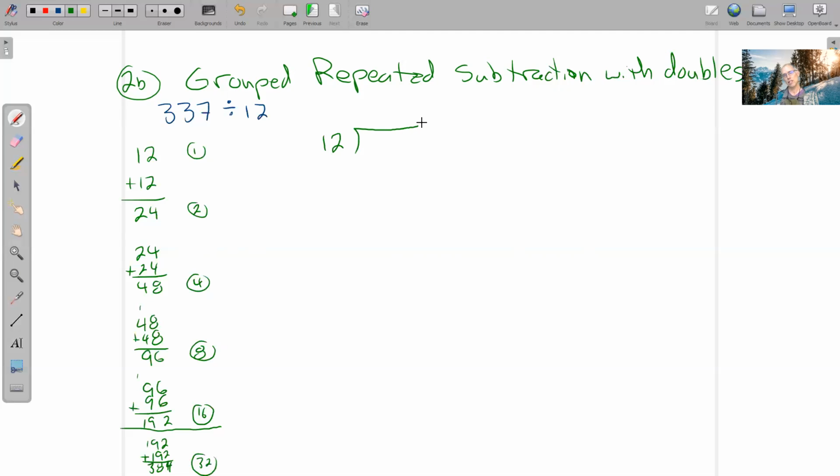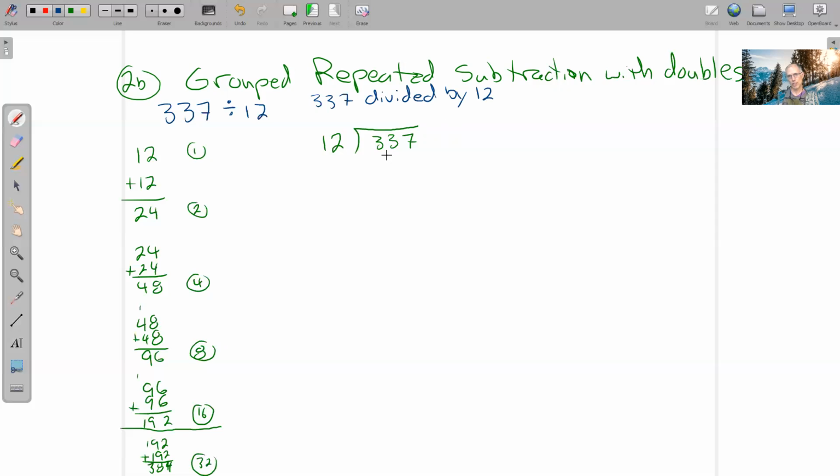And this symbol is kind of different than a division symbol like that. And I'm going to go back to something I think Amanda mentioned. She used the phrase goes into. And the blue one up here is 337 divided by 12.